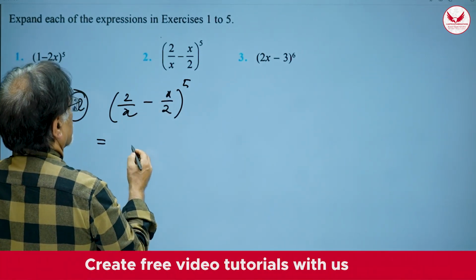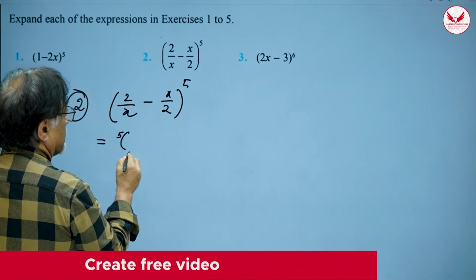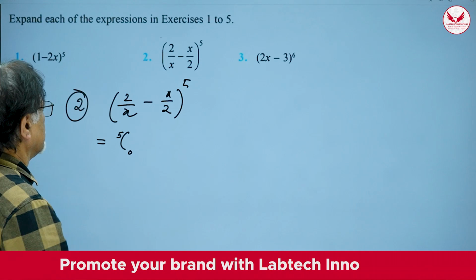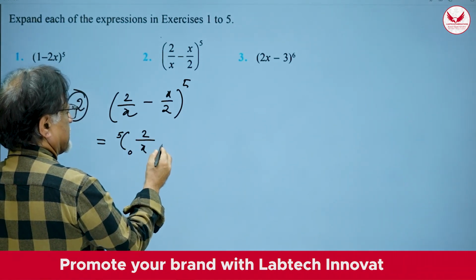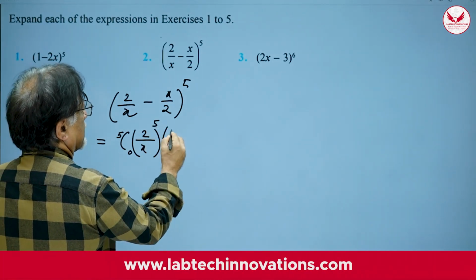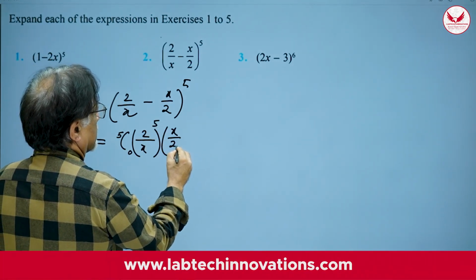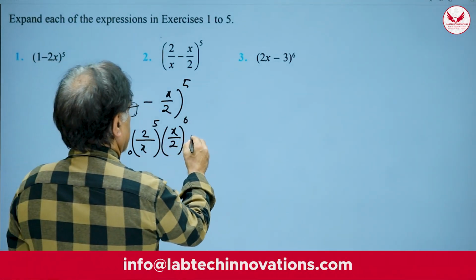Okay? So what am I going to do now? First of all, I will write 5c0. Correct? 5c0. What is the first term? 2 upon x, right? This is raised to what? 5. And the second term will be raised to the power 0. Correct?